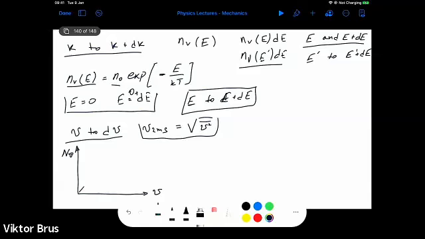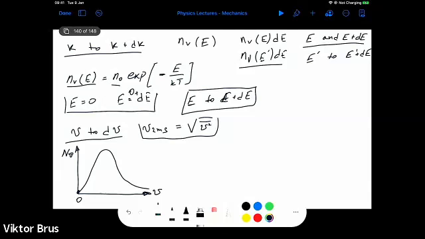It will be a non-symmetric distribution, something like this, because at zero velocity we have no molecules, and there is no limit for the maximum velocity which particles can possess. So it is extended to the right.